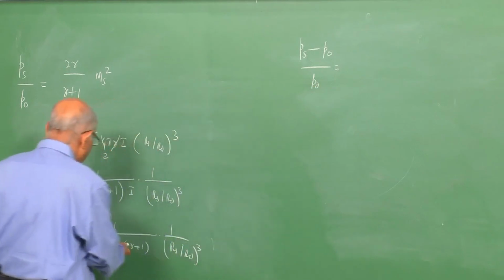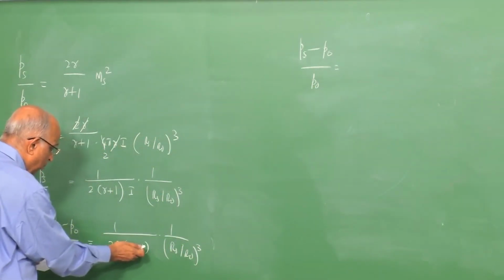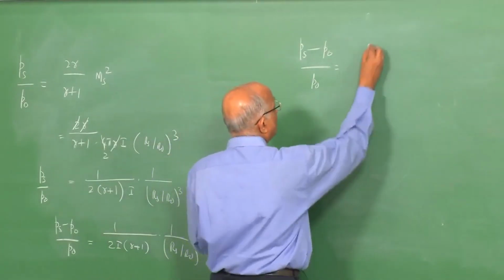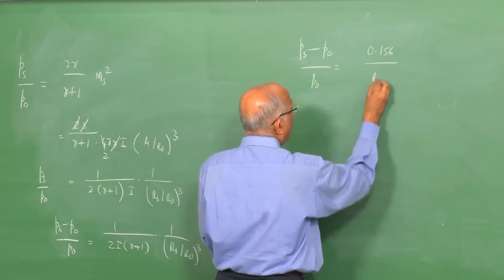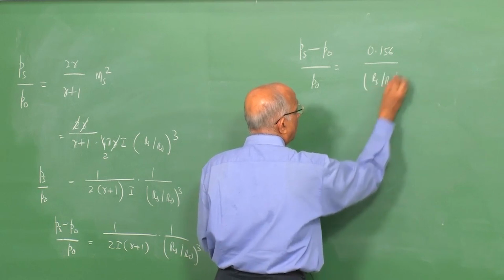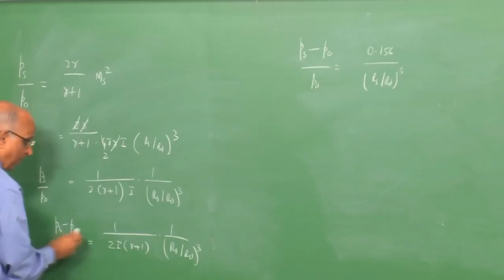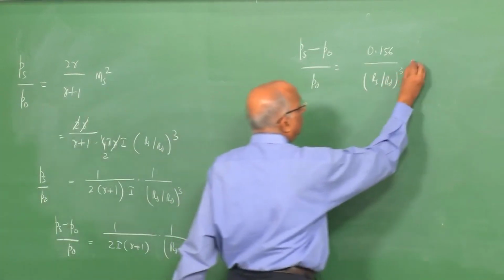I now have I equal to 0.423, and gamma plus 1 is 2.4. I substitute the value, it gives me 0.156 divided by Rs by R naught cubed. This is the value of Ps by P naught. I subtract 1, therefore, I should have subtracted 1 over here. I get this is the value.